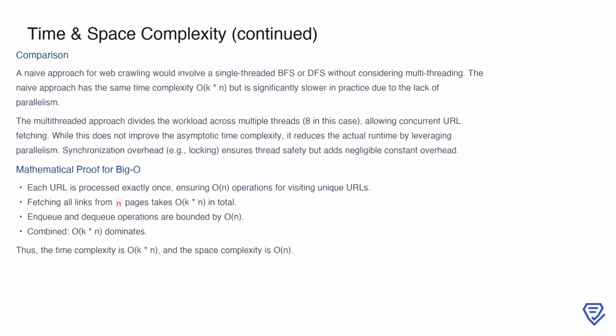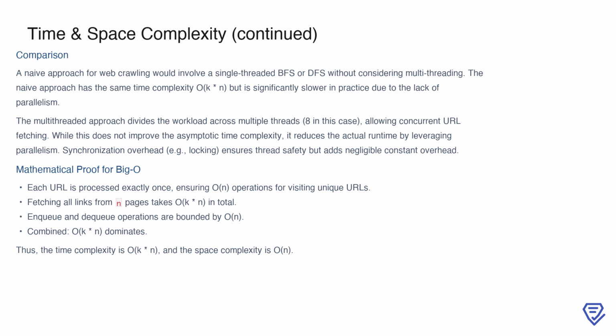To put this into perspective, a naive approach using a single-threaded BFS or DFS would have the same time complexity of O(k*n), but without multi-threading, it would be much slower in practice. The multi-threaded approach improves performance by dividing the workload across multiple threads, in this case, 8 threads, allowing for concurrent URL fetching.